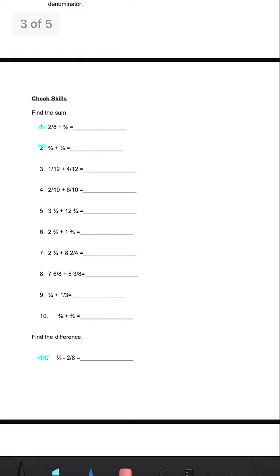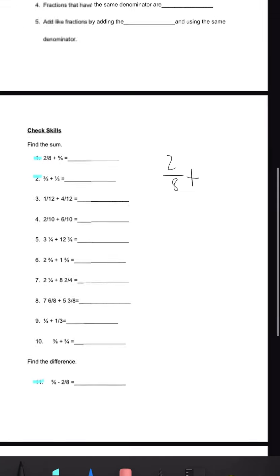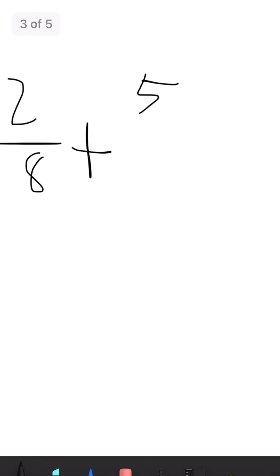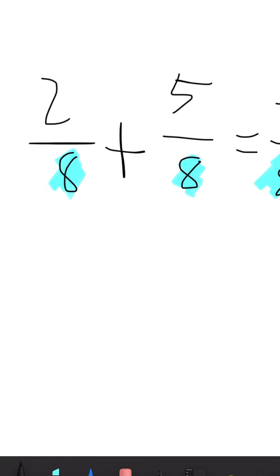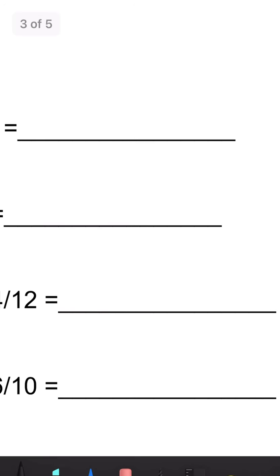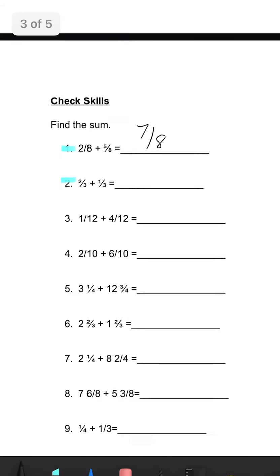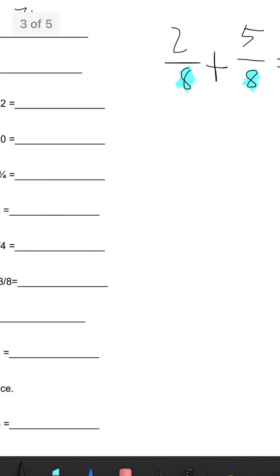Find the sum. Number 1, we have 2 over 8 plus 5 over 8. We have a common denominator of 8, so we'll bring that over. 2 plus 5 is 7. Our final answer is 7 over 8 because it cannot be simplified. Number 2, we have 2/3 plus 1/3.